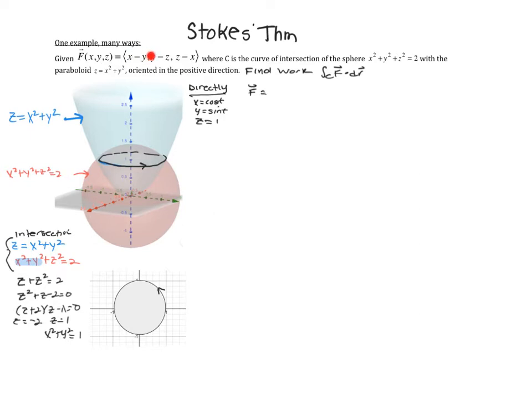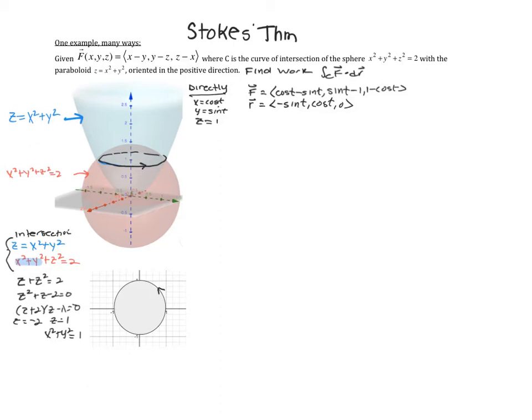If we put into F our x and y and z in terms of t, I get x minus y, which is cosine t minus sine t, y minus z, which is sine of t minus 1, and z minus x, which is 1 minus cosine of t. And r prime, the derivatives here, are minus sine of t, cosine of t, 0.